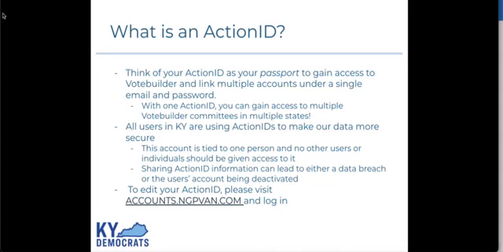The way to think about an action ID is sort of a passport that lets you gain access to Vote Builder, PVAN, Minivan, Open Virtual Phone Bank, and you'll be able to link multiple accounts under a single email and password. So like you saw whenever we were logging in, there was that drop down. That means there are multiple accounts associated with that email.